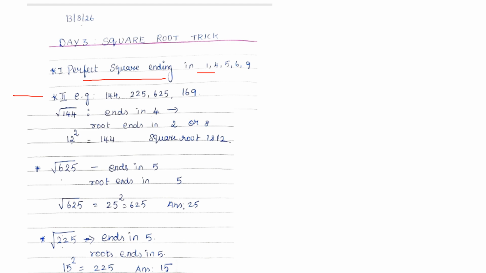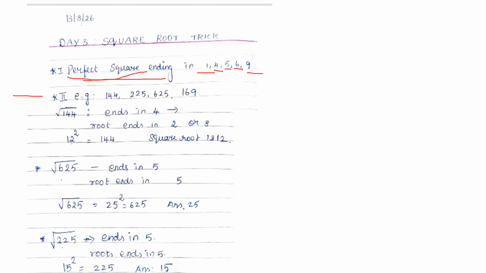For 4, 2 squared. For 5, that is 25, 5 squared. For 6, 36, 6 squared. For 9, 3 squared.